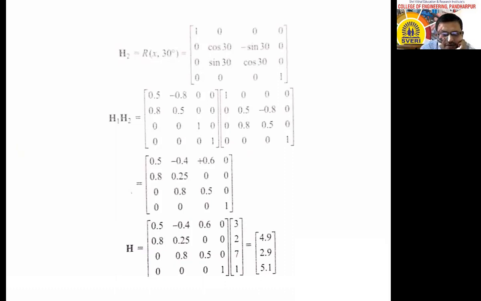Therefore h1 into h2 is equal to 0.5 minus 0.866 0 0, then 0.866 0.5 0 0, then 0 0 1 0, then 0 0 0 1, into the matrix of 1 0 0 0, then 0 0.866 minus 0.5 0, 0 0.5 0.866 0, then 0 0 0 1.